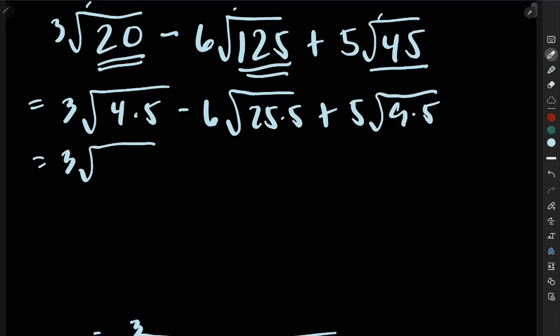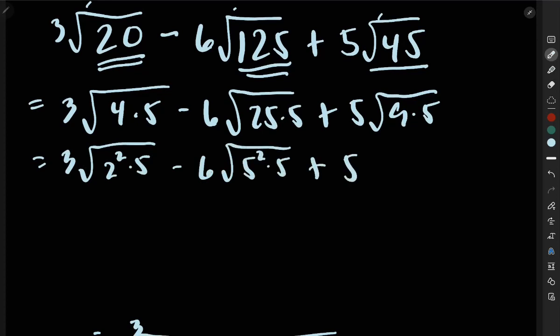So we have 4 is 2 squared times 5. And then 25 is 5 squared. And then 9 is 3 squared. So what we are after is to leave this 5 inside the square root so that they are all the same. And this 2 squared, 5 squared, 3 squared will be taken out. Since they all have multiple of 2 exponent, they can be taken out since the radical is square root.